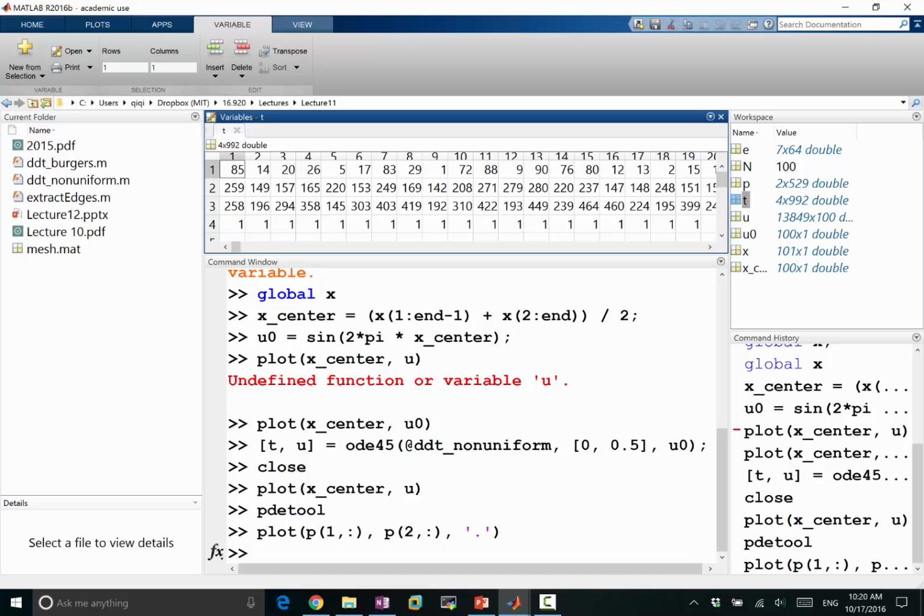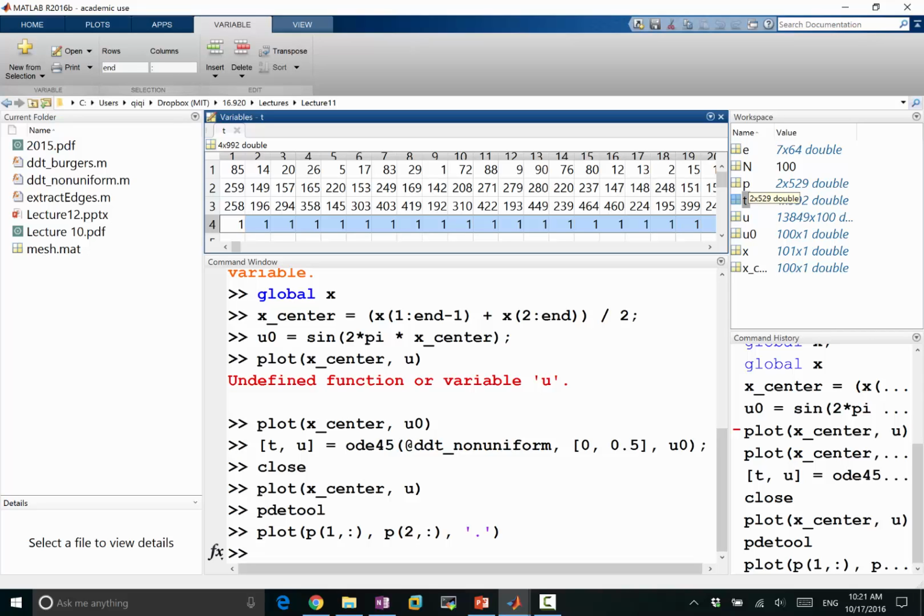We have 992 triangles. The fourth column is all ones, the domain index. In this case we only have one domain, so we don't need to care about that. The other 3 rows are integers corresponding to the index in the P array.